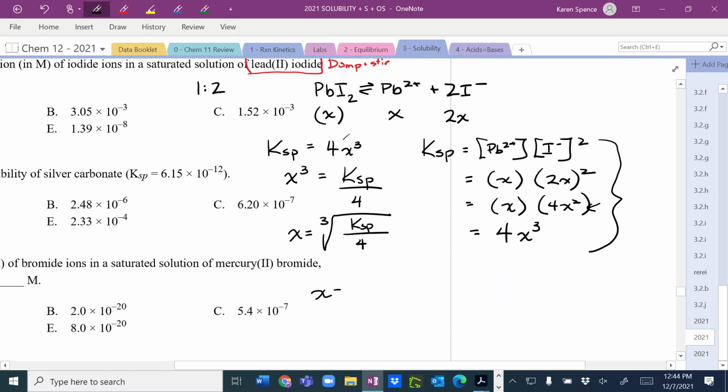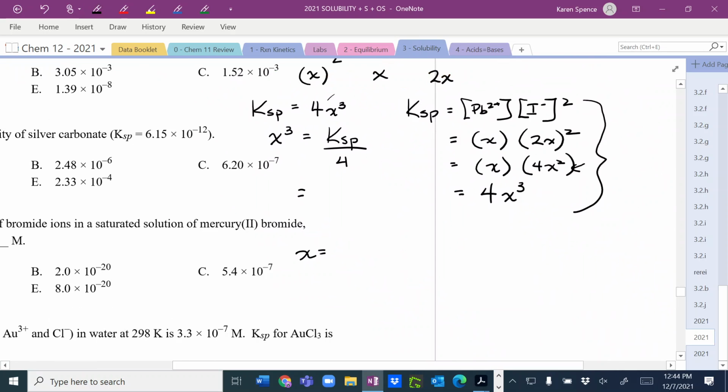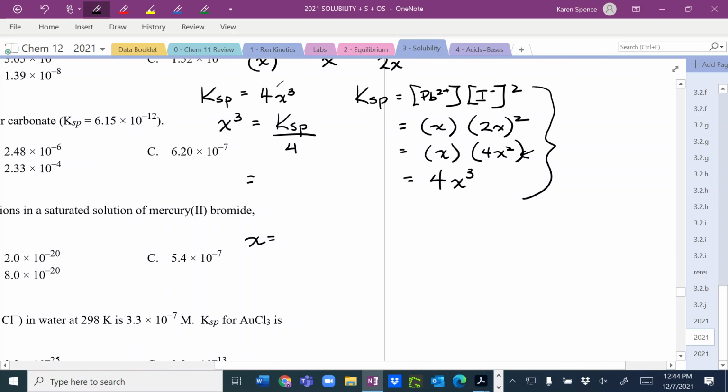So x is equal to, well, what's KSP divided by 4? You know what? It's actually easier just to do it this way. KSP is 1.39 times 10 to the minus 8, and we're going to divide that by 4.